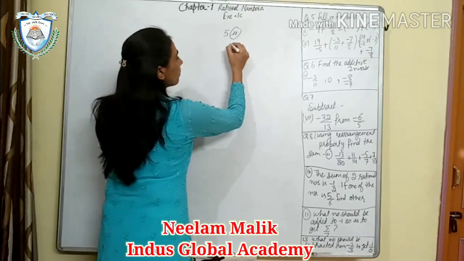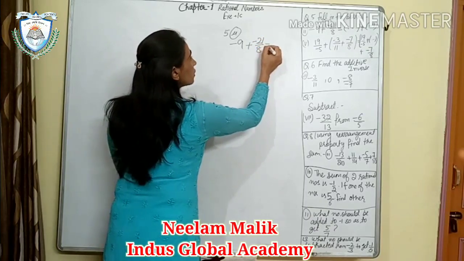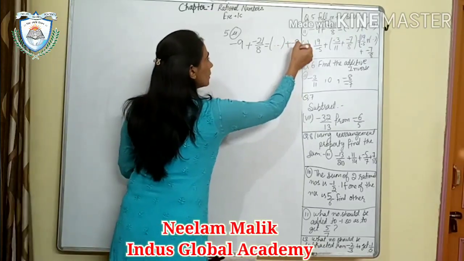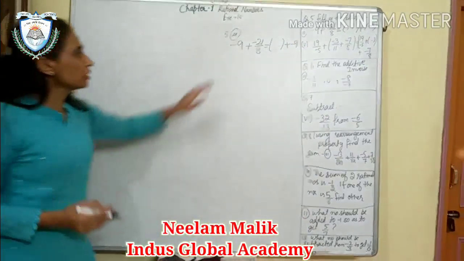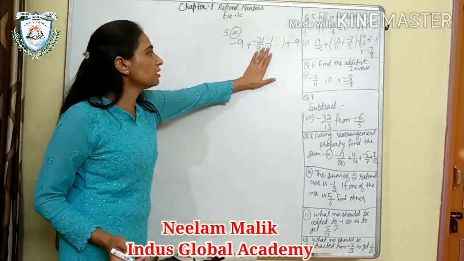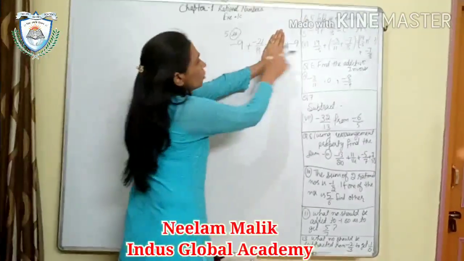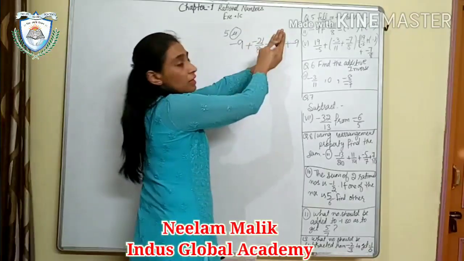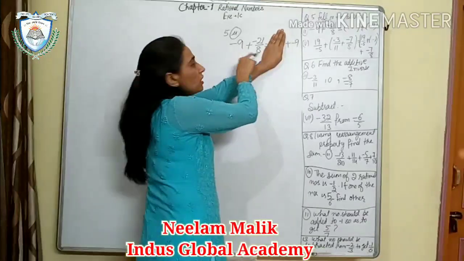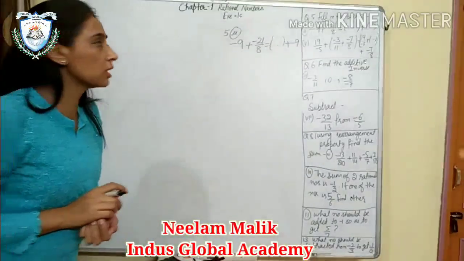Here is given -9 plus -21 upon 8 is equal to bracket blank plus -9. On both the left hand side and the right hand side, -9 is given, and on the left hand side they are adding -21 upon 8. So -21 upon 8 will come here.